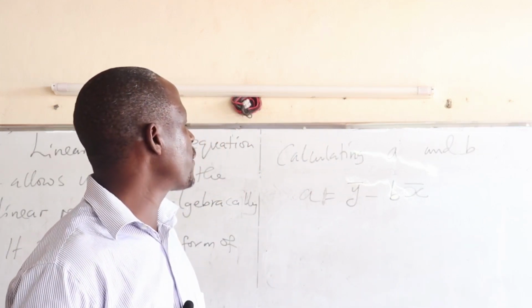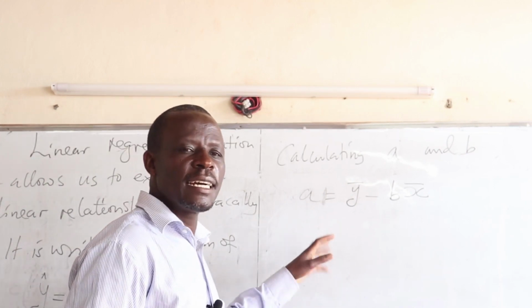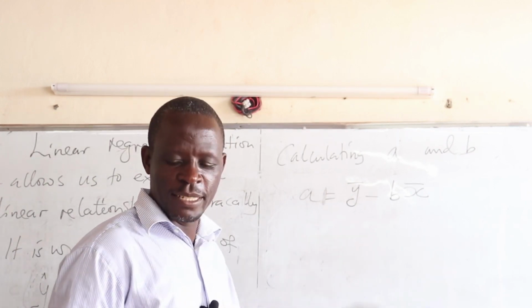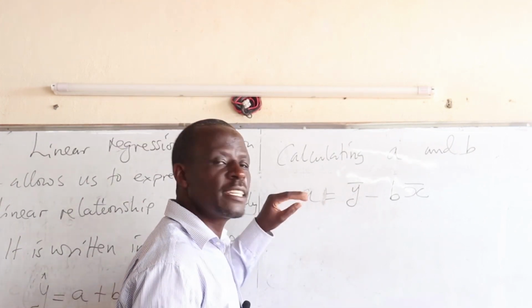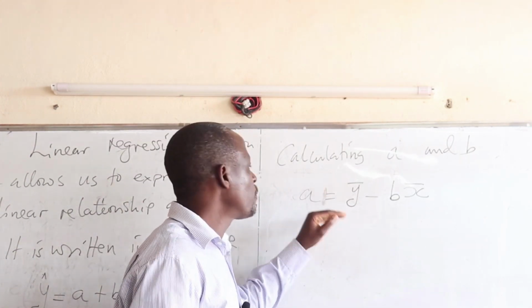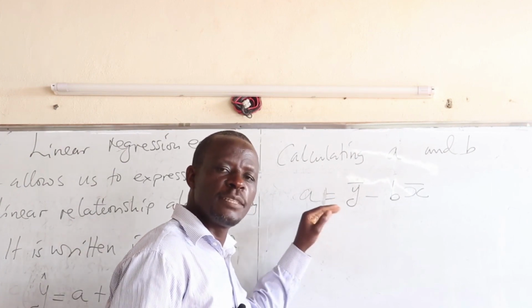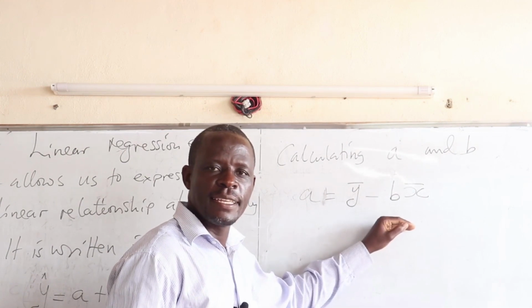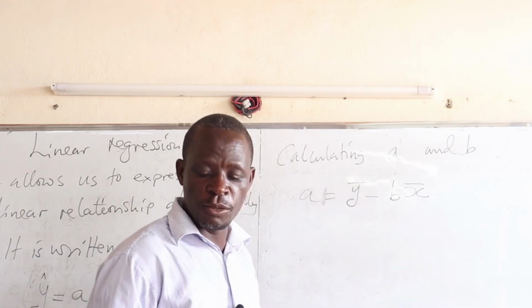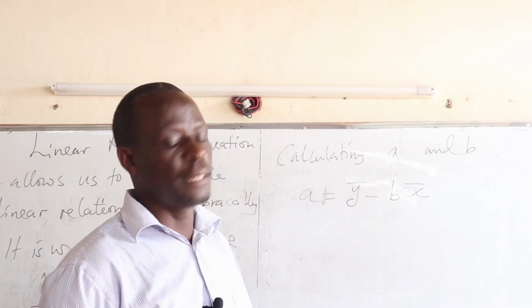This one comes from a little bit of calculus, which we are not covering in this course, but what you have to know is that a is calculated by finding the mean of the values of the dependent variable minus b multiplied by the mean of the values of the independent variable.